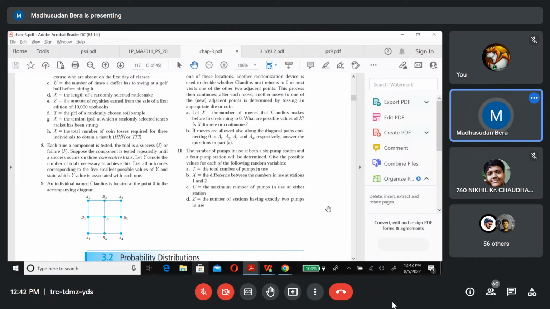Next one. The number of stations. Earlier question was number of pumps.